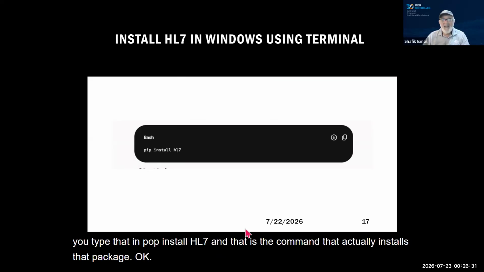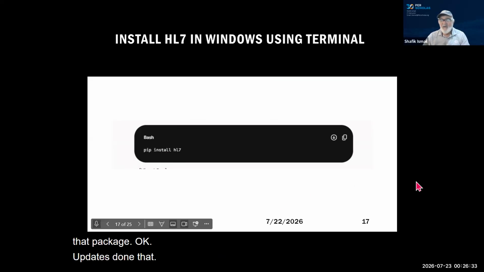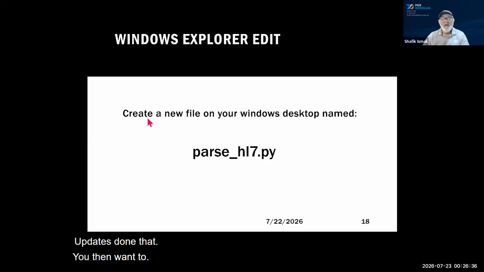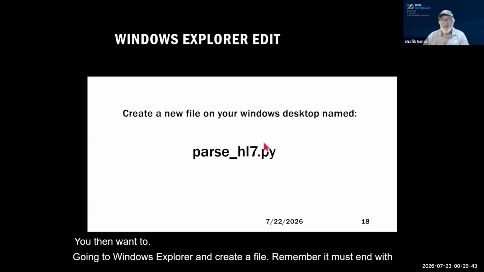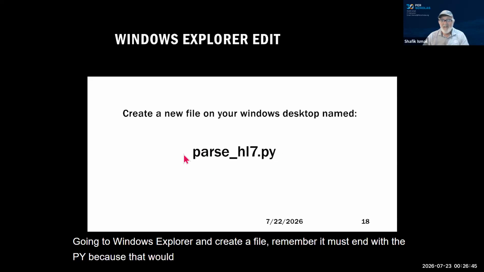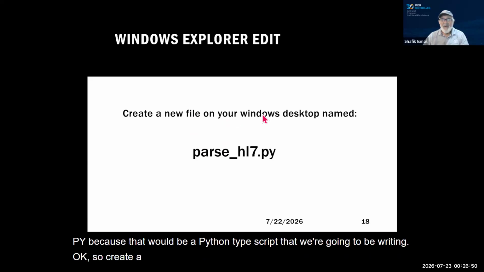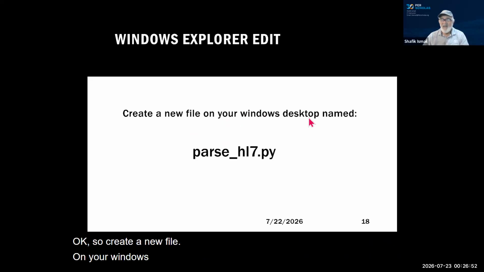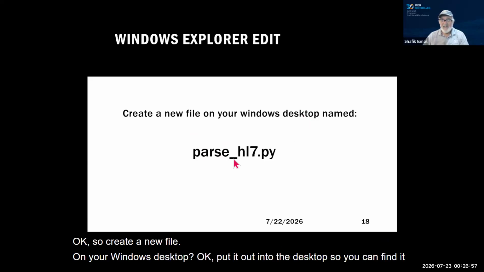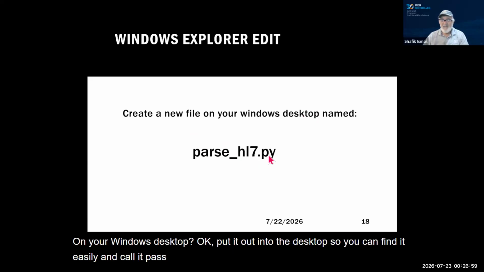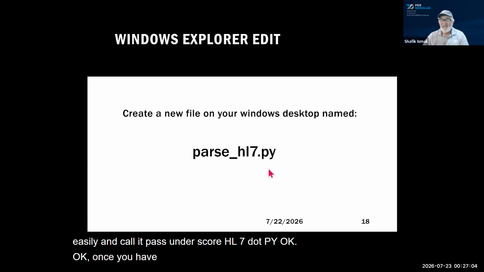After it's done, go into Windows Explorer and create a file. Remember, it must end with .py, because that will be the Python script we're going to be writing. Create a new file on your Windows desktop so you can find it easily, and call it parse_hl7.py. Once you have that file, it's going to be empty.